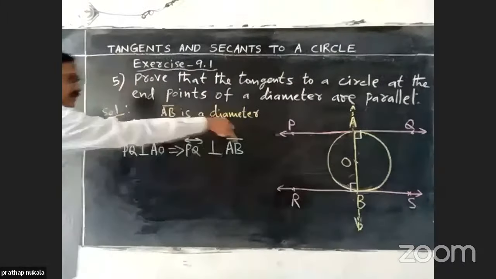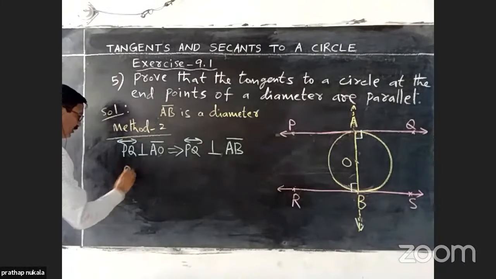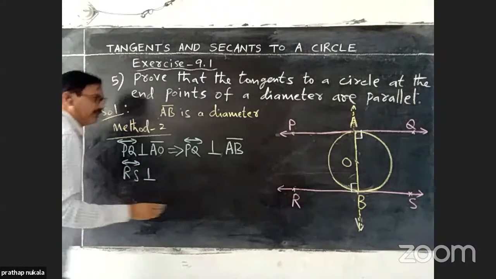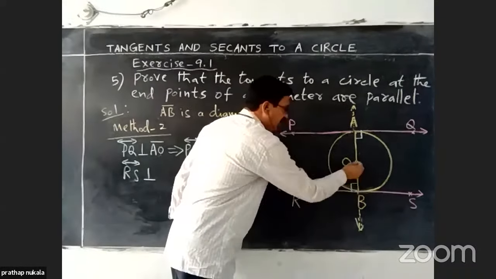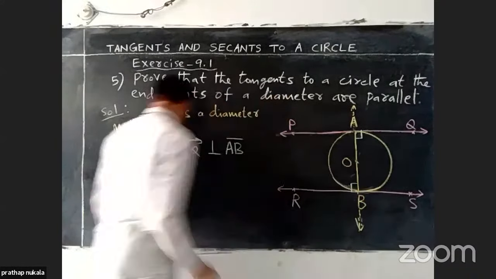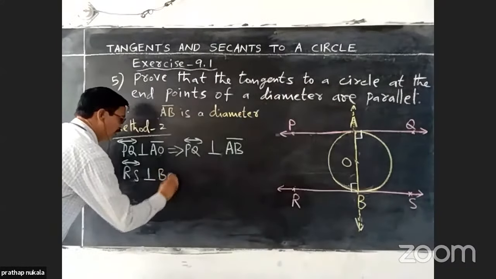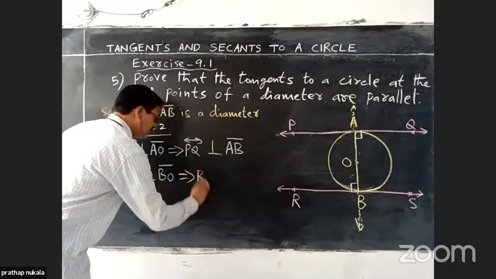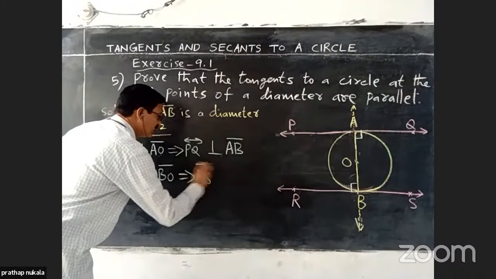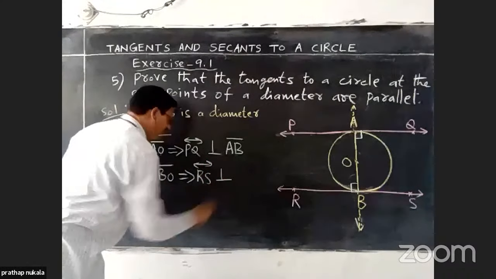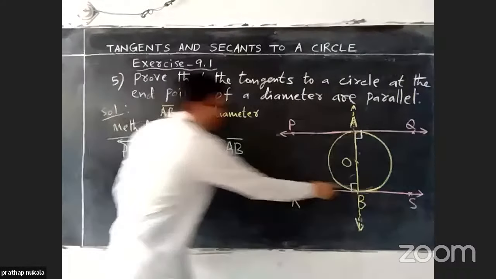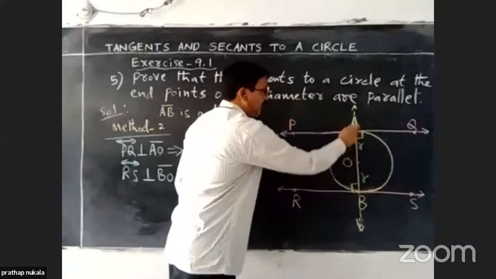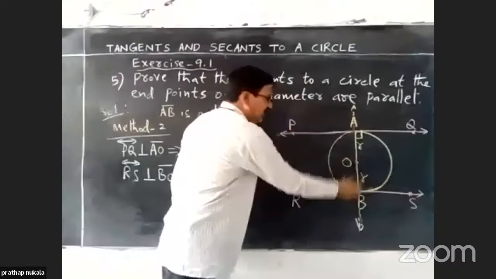In the same way, the tangent RS is perpendicular to the radius through the point of contact, which is BO. BO is the radius, R, and R plus R is the diameter AB.